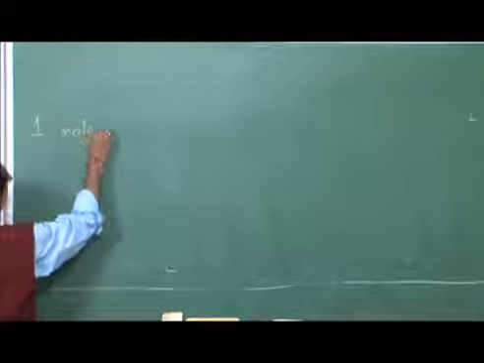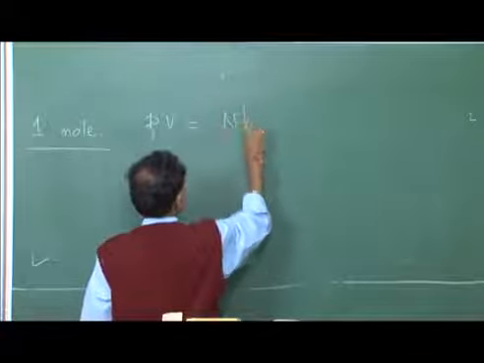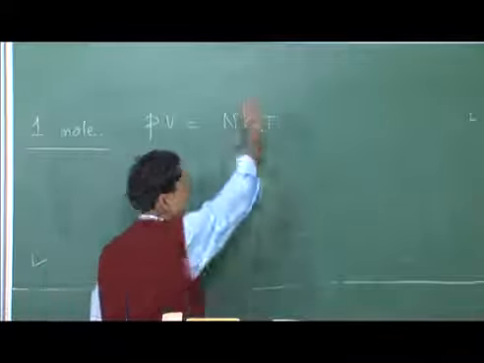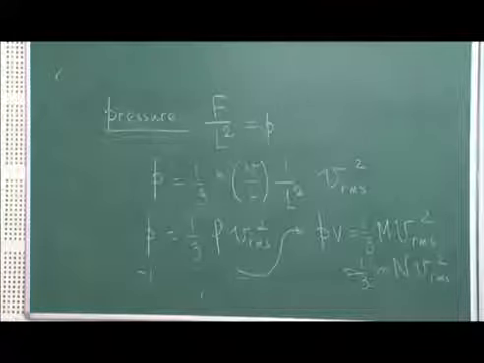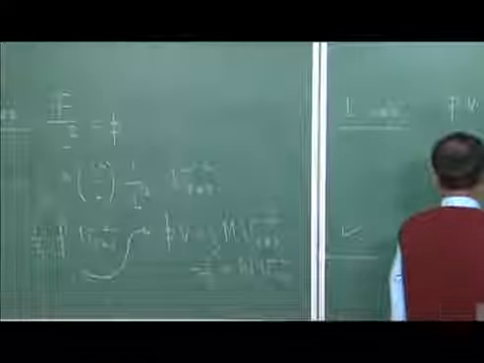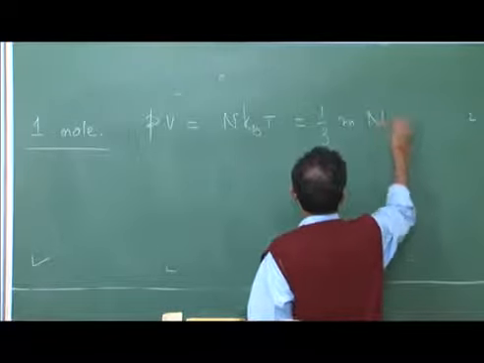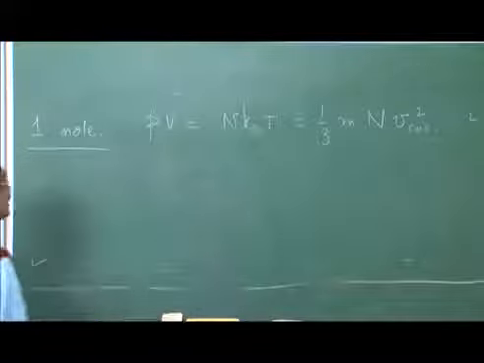So, now let us consider 1 mole of ideal gas, then we know PV is nothing but N kBT or RT. Here N is the Avogadro number and kB is the Boltzmann constant. So, immediately you see that if I accept both of them together, what have we found out? We have found out that 1/3 m N Vrms square is actually PV.